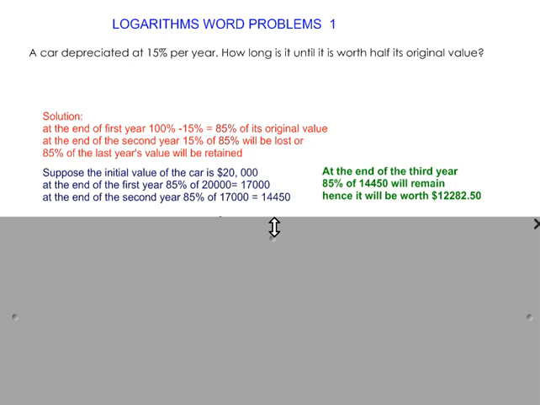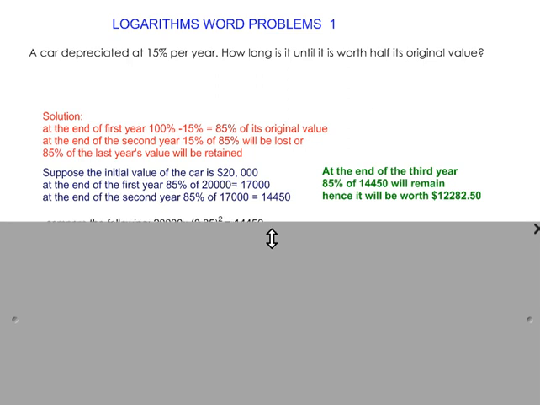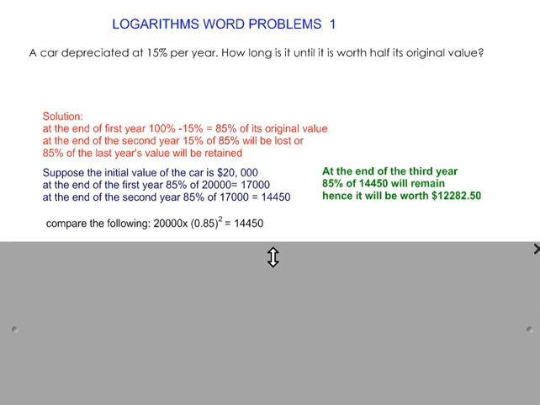Now, as I said, 20,000 is not really critical here. It could be any other number, but the idea would be the same. So, moving down, I want you to pay attention to the following. This value of 14,450 also was achieved by solving the following equation: original price times 0.85 to the power of 2.